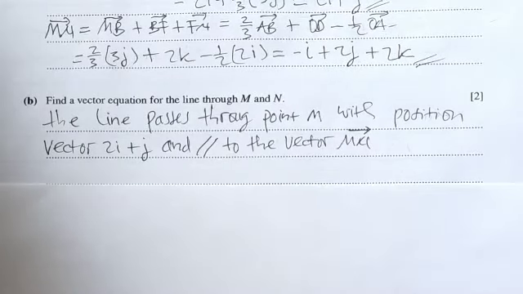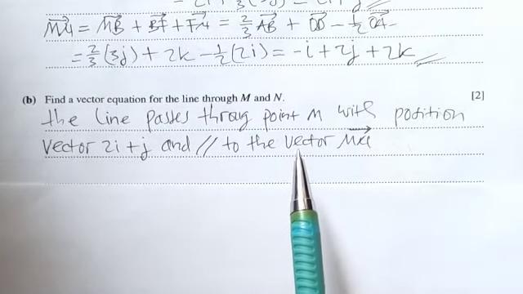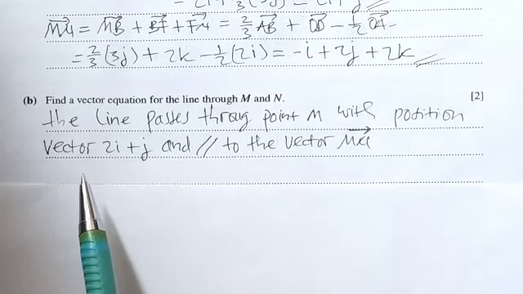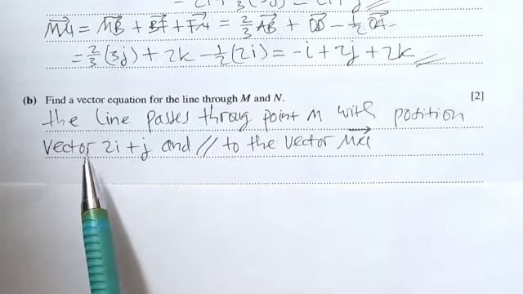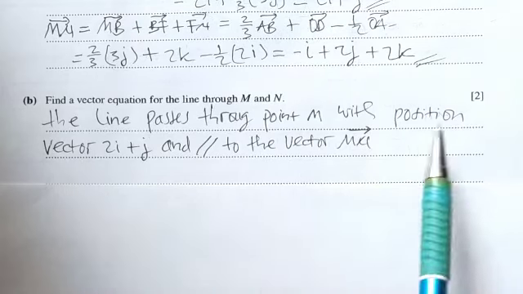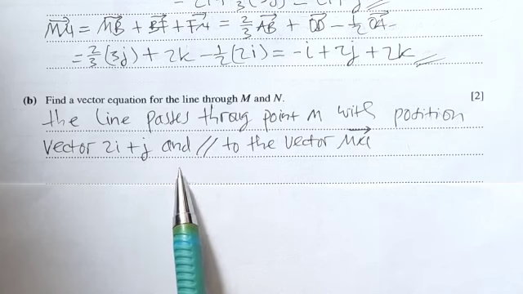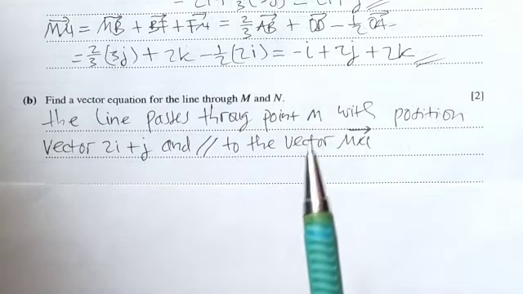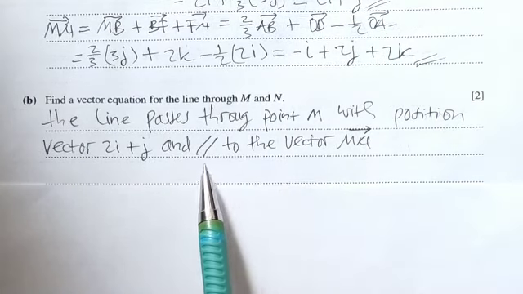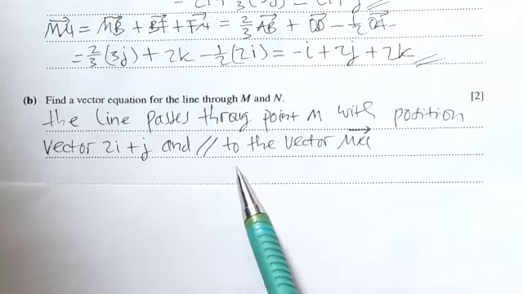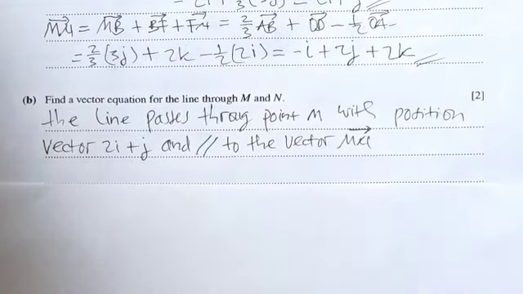Now, the line passes through point M, with position vector already calculated in part A. The position vector of M is 2i plus j, and the line MN is in the direction of vector MN itself, or parallel to the direction vector of MN.